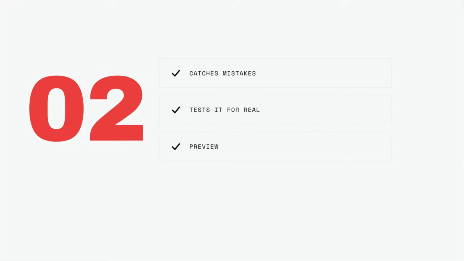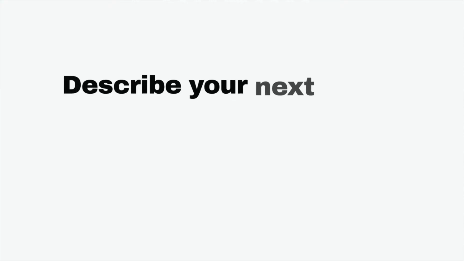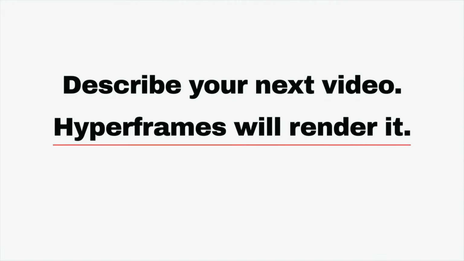Then describe your video in plain language to an agent that already knows the rules. Before you render, check your work. Lint catches mistakes. Validate loads it for real. Preview lets you scrub it by hand. One command renders the finished file. Small jobs finish in seconds. Big ones scale to the cloud. Same template. New words. One video becomes a generator you run again and again. Describe your next video. HyperFrames will render it.